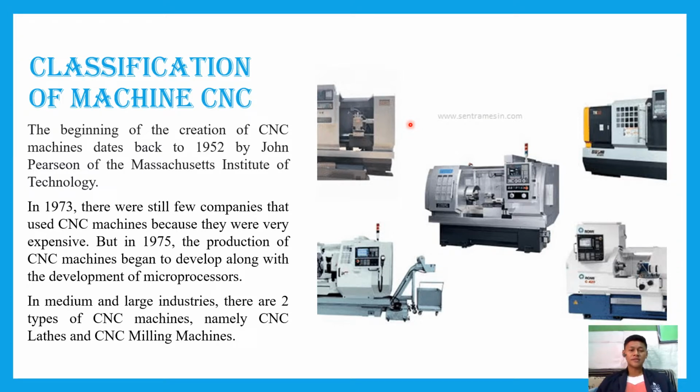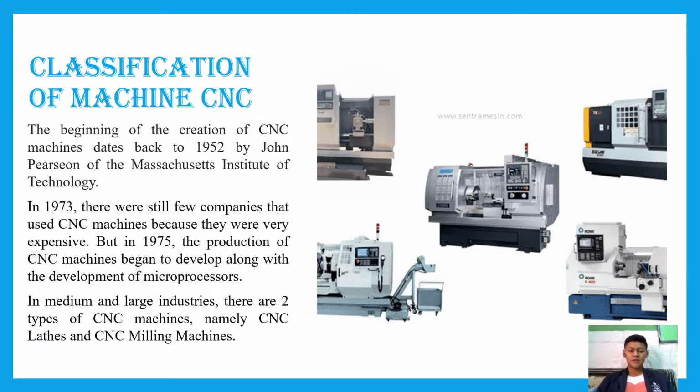In 1973, there were still few companies that used CNC machines because they were very expensive. But in 1975, the production of CNC machines began to develop along with the development of microprocessors in medium and large industries. There are two types of CNC machines, namely CNC lathe and CNC milling machine.